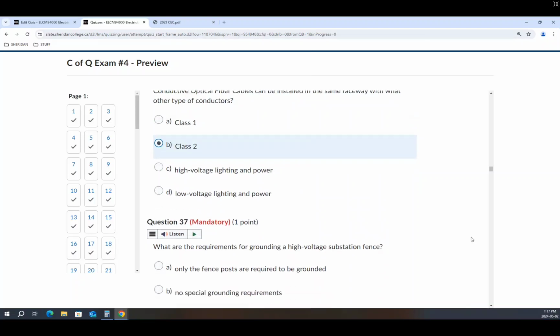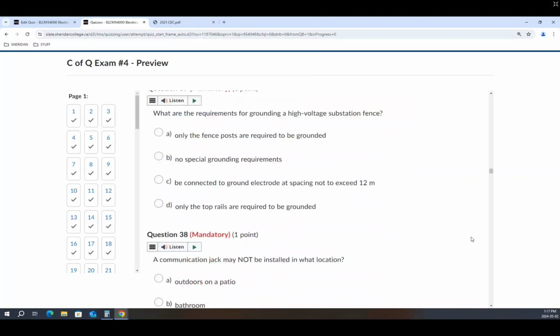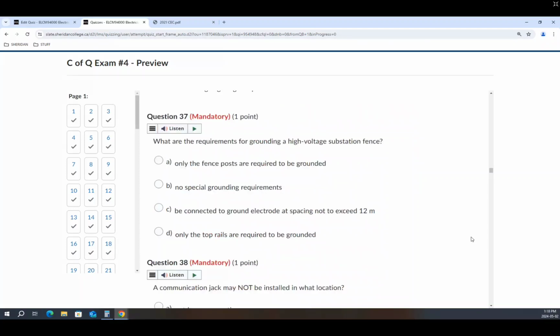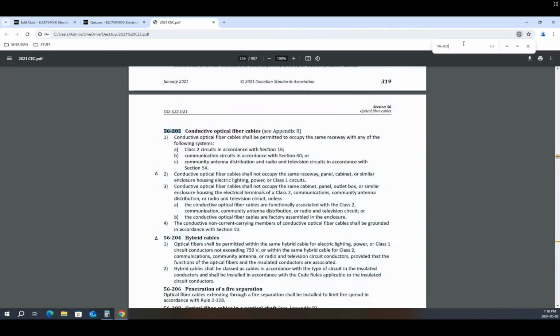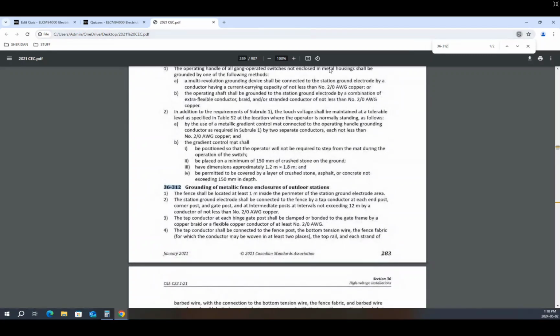Finished up 36. On to 37. What are the requirements for grounding a high voltage substation fence? That's going to be Section 36, 36-312.